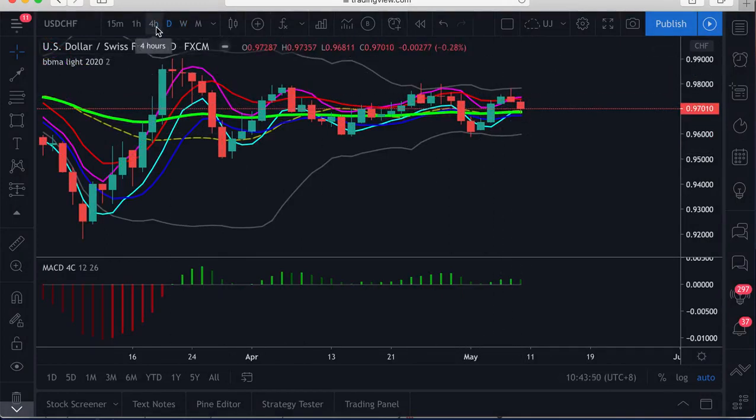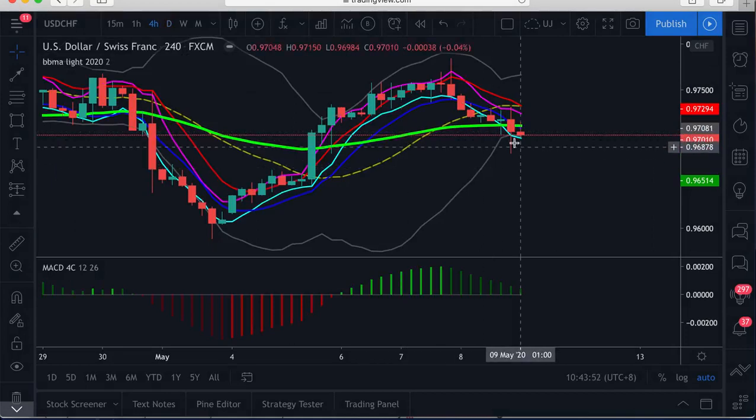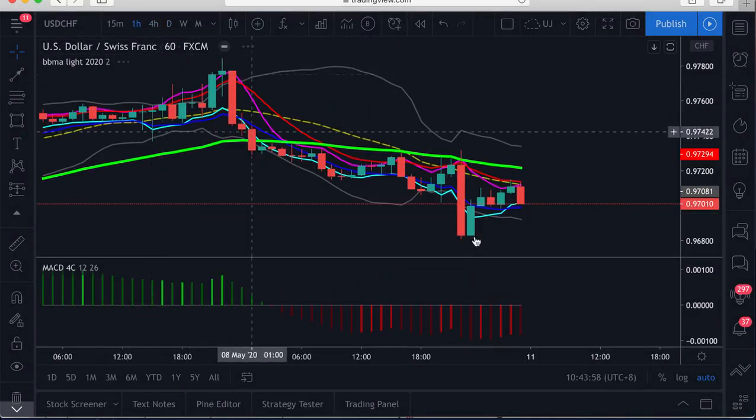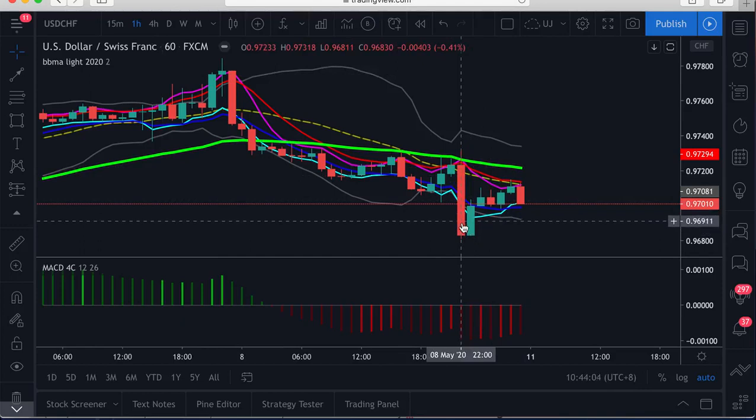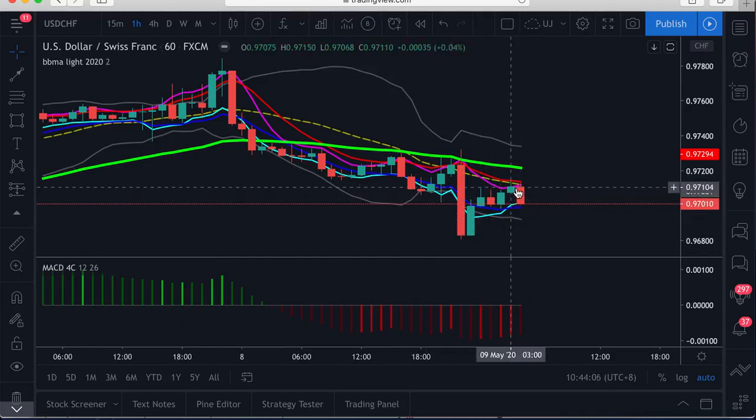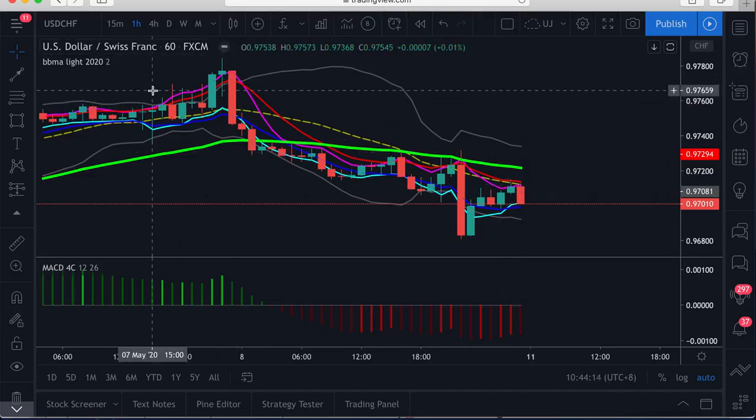And H4, we want to see price close as CSM, but here it actually rejected the low BB. Let's see H1. On H1, we can see that the price is actually making a CSM sell here and doing a re-entry sell here, which already happened. So that's why we entered for USD CHF last week. So USD CHF is a sell and Euro USD is a buy.